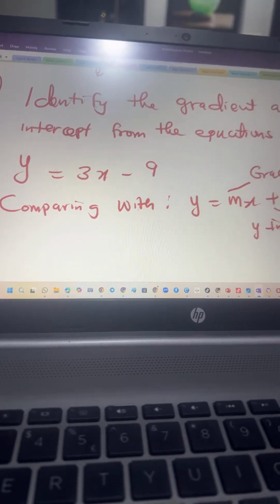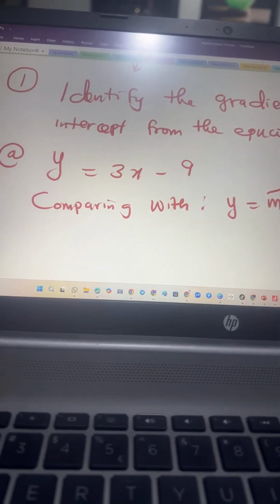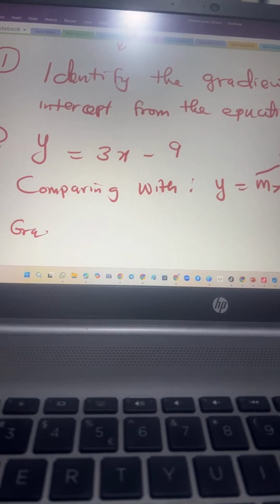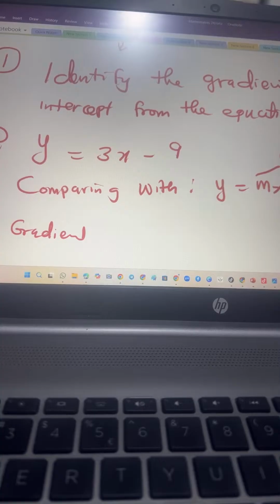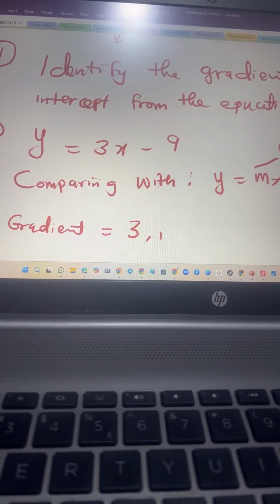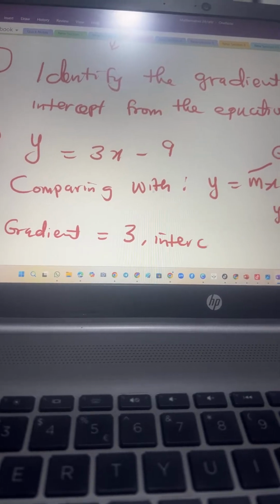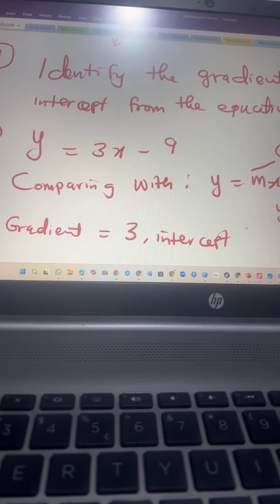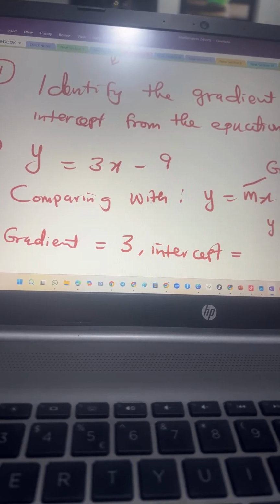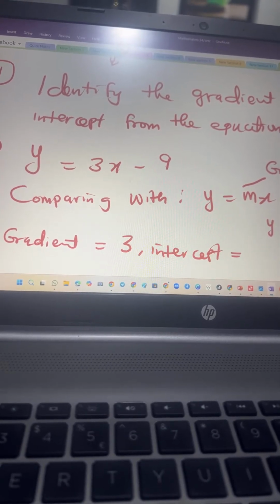That is the y-intercept. So from this equation, our gradient is equal to 3, while the y-intercept, if you compare it, this is positive c.